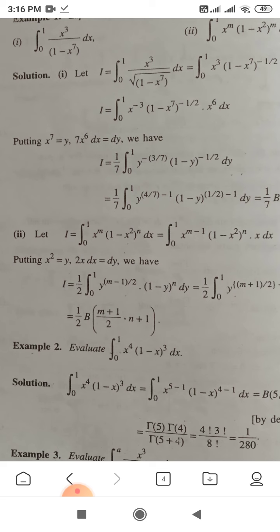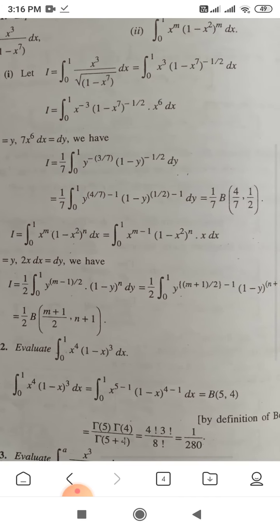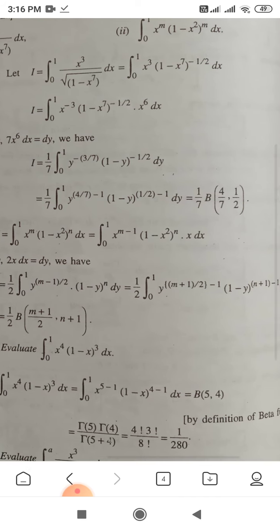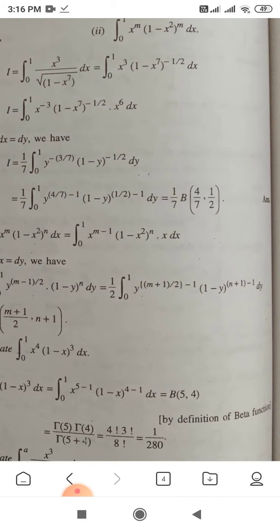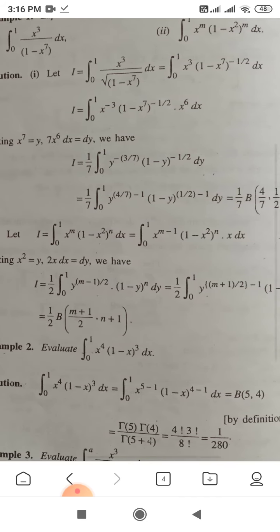After substitution we get 1 by 2 outside the integration, 0 to 1 y to the power m minus 1 by 2, 1 minus y to the power n dy, and again 1 by 2, 0 to 1 y to the power m plus 1 by 2 minus 1, in bracket 1 minus y to the power n plus 1 minus 1 dy.